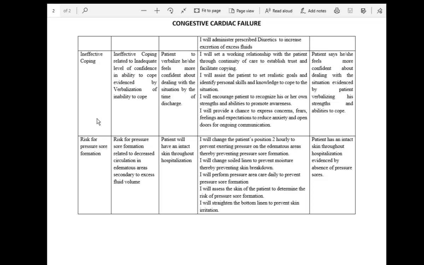And lastly, I will provide a chance to express concerns, fears, feelings, and expectations to reduce anxiety and open doors for ongoing communication.